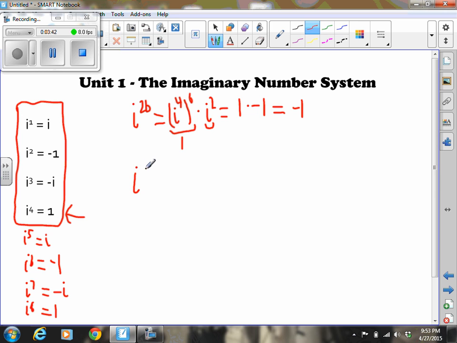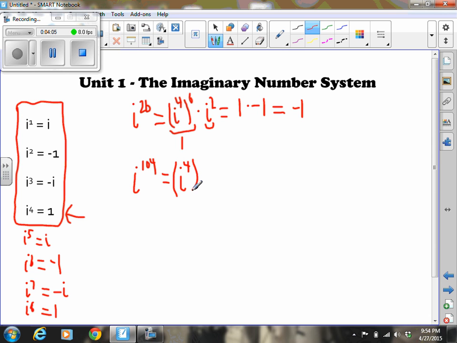So what if I gave you i to the 104? I want to start out thinking about groups of 4 within 104. How many groups of 4 could I make within 104?